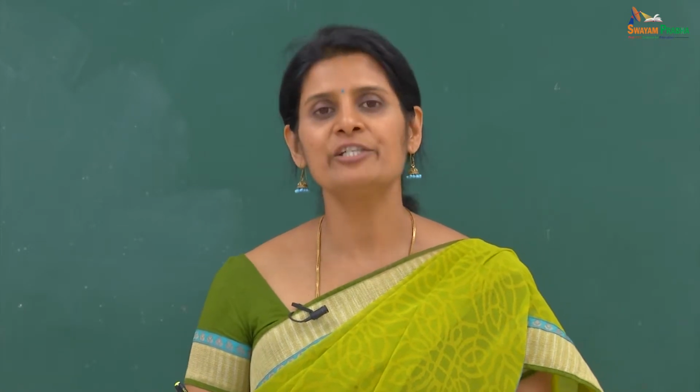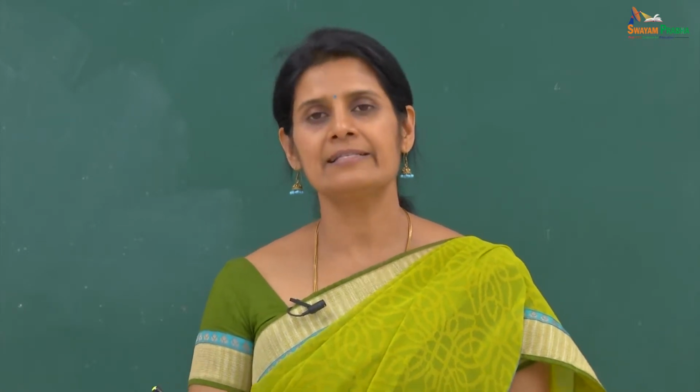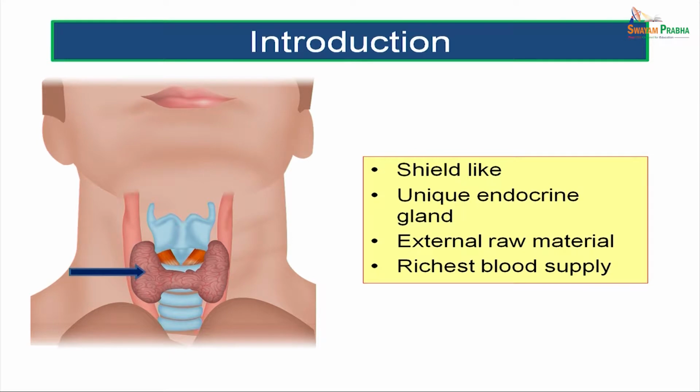Thyroid or thyros means shield like. This gland is present in front of the neck in the form of a shield, hence it is called as thyroid. You find this gland to be a unique endocrine gland. What is the uniqueness of this endocrine gland?